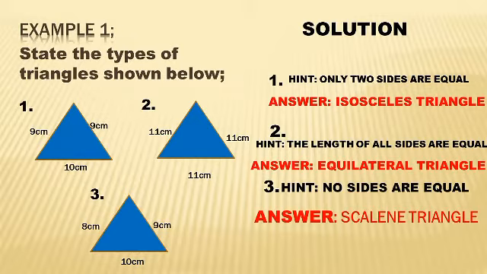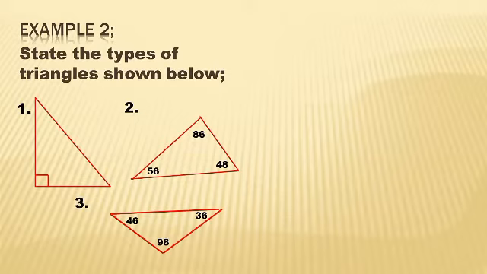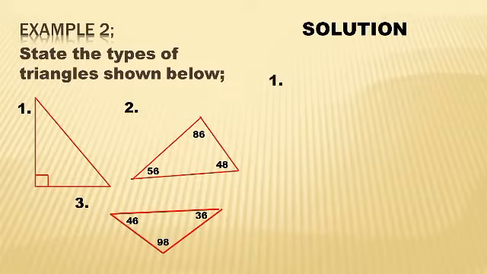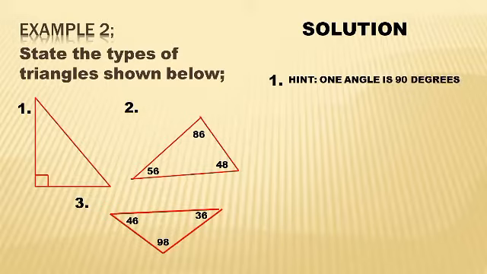We are going to proceed by identifying the different types of triangles using the basic angles which they contain. Example 2. We shall be identifying these triangles. Number 1, we have a triangle with angle 90, and the hint says one angle is 90 degrees.